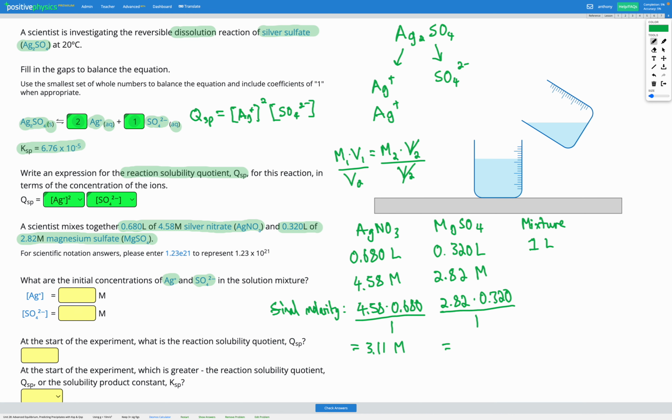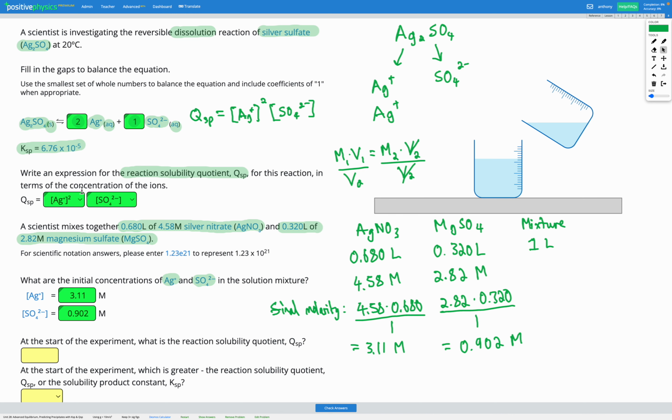If we put that into our calculator, we're going to get a final molarity for MgSO4 of 0.902 molar. Let's fill those in over here to make sure we got those correct. Awesome. So we know our initial concentrations of silver ions and sulfate ions.